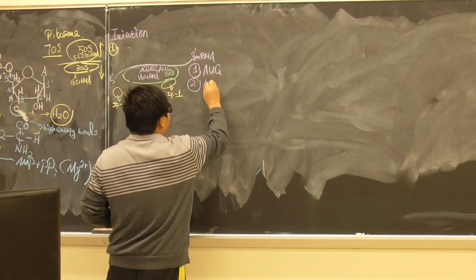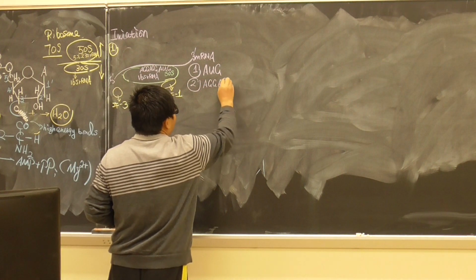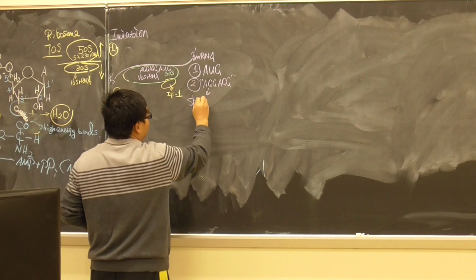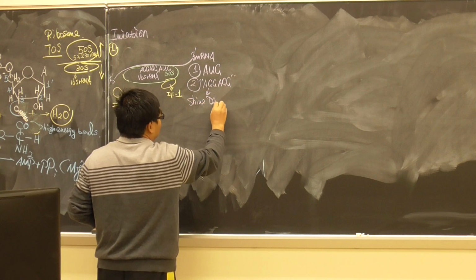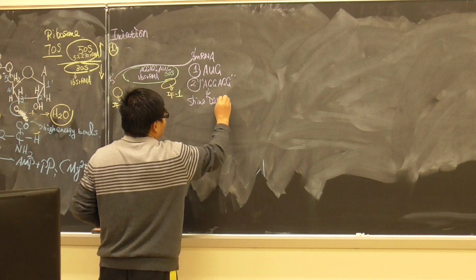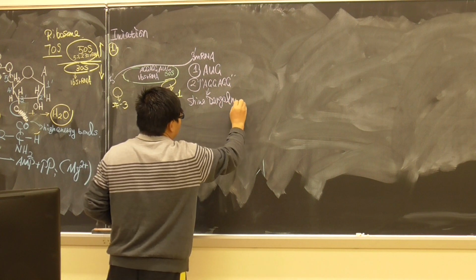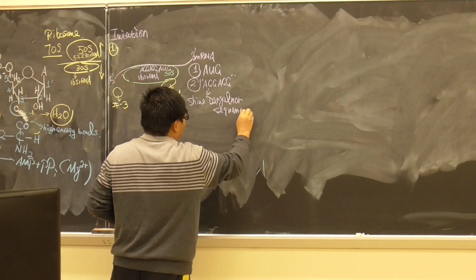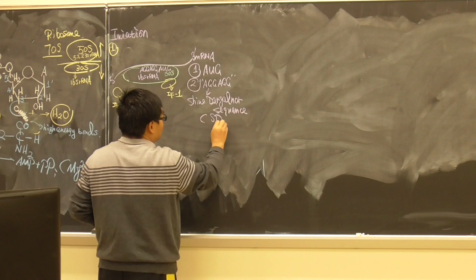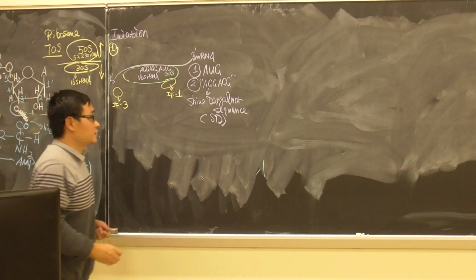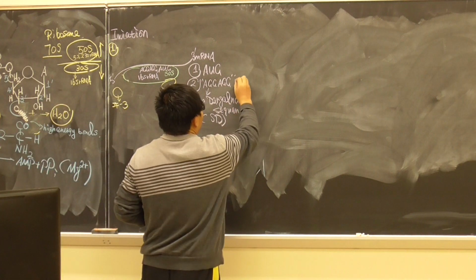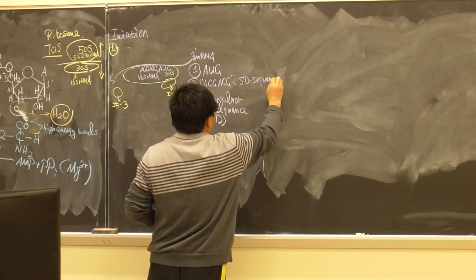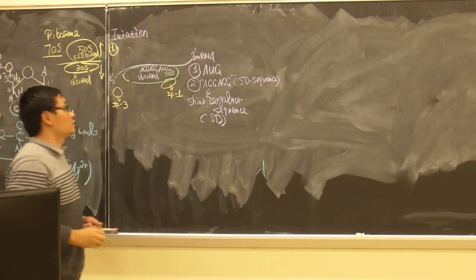Now, what is AGG called? This is called the Shine-Dalgarno sequence, or SD sequence. So said very simply, this SD sequence has to be recognized by 16S rRNA.